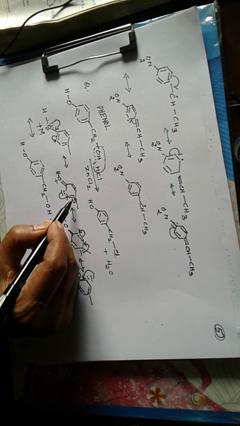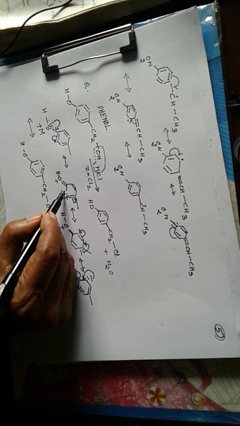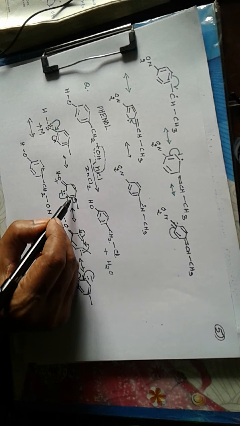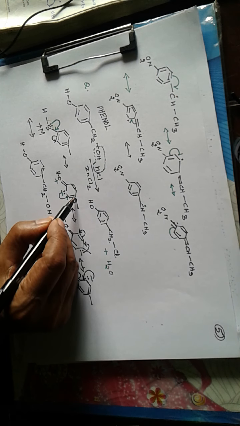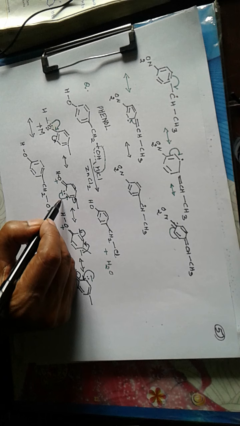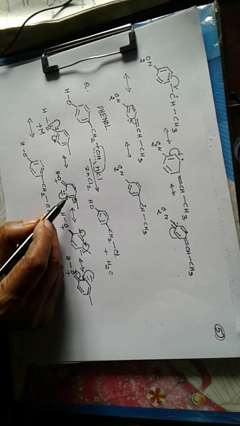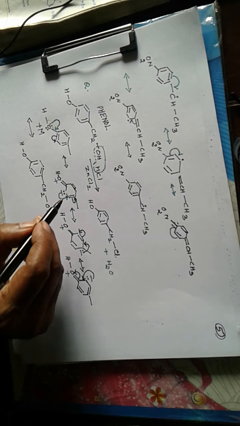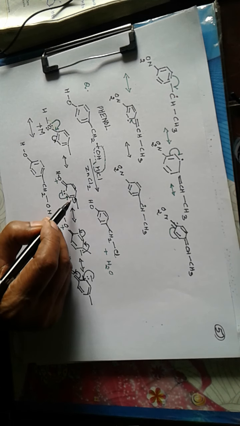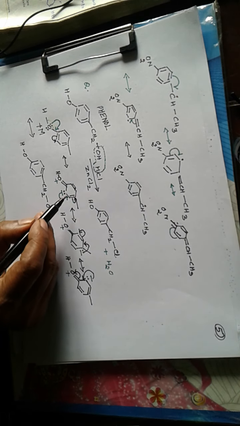Now there is further resonance occurring here. Now this pi bond will be shifting over this carbon. In the sense, the pi electron pair goes entirely into the orbital of this carbon. Now this pi electron pair will be forming a bond here. So when this electron pair is forming a bond here and this electron pair shifts, this p orbital created here will contain a pair of electrons and a bond is formed here.